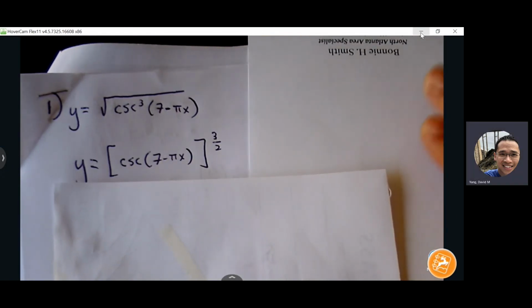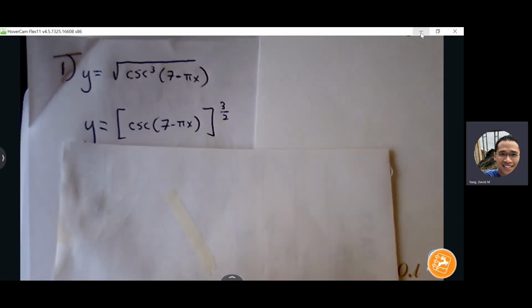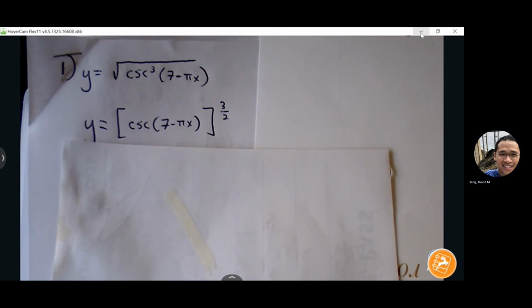Okay, and now the benefit of writing in this form, we now know that there's a need for what? Chain rule, right? There's the outside and inside portion, right? We got to do outside derivative followed by inside derivative.